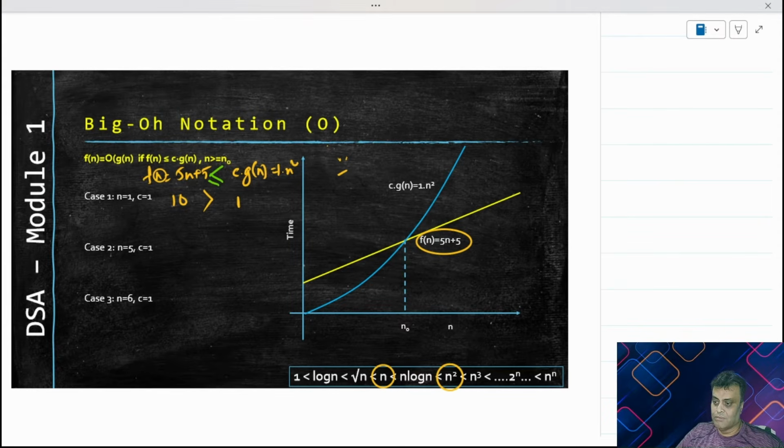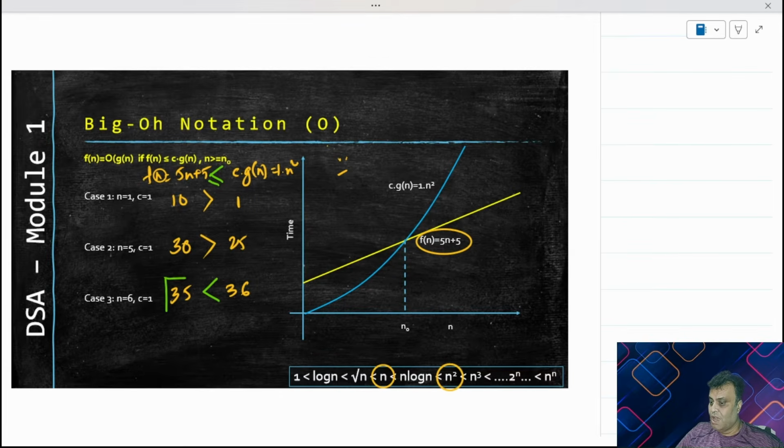So this is greater. When I take n equal to 5, 5 fives are 25 plus 5, 30. On the right side, I get 5 square, which is 25. So this is still greater. When I take n equal to 6, this becomes 35, but this becomes 36 because we have 1n square. So did we achieve what we wanted?